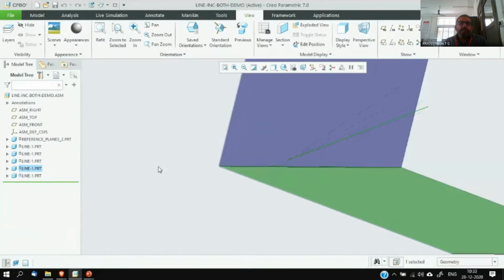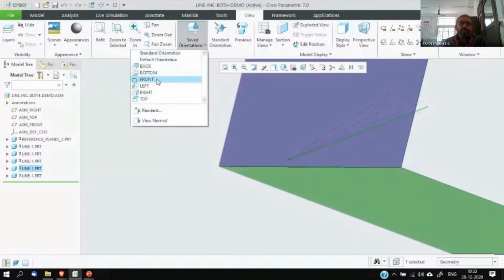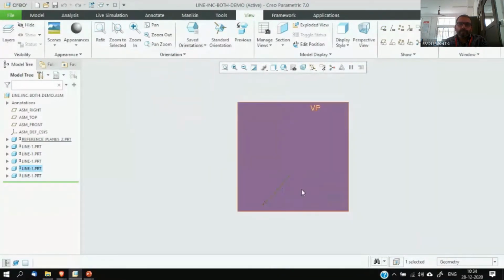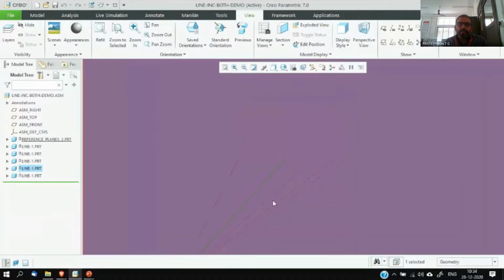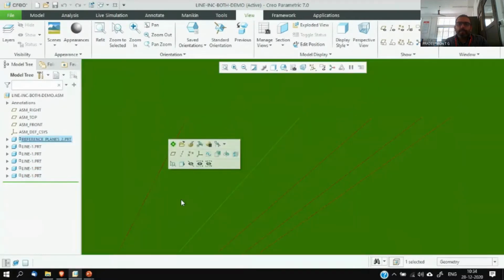So if we look at the front view, let's see the front view. Here it is not that visible, but here now it is visible. See, for each of the lines, here the second endpoint is here, here the second endpoint is here, and here it is here.